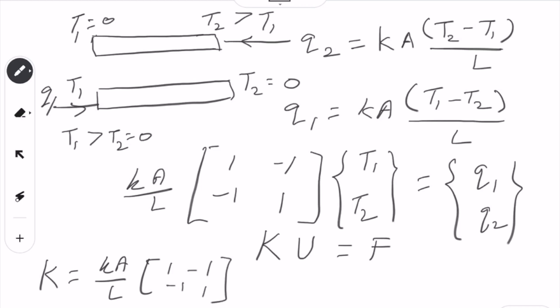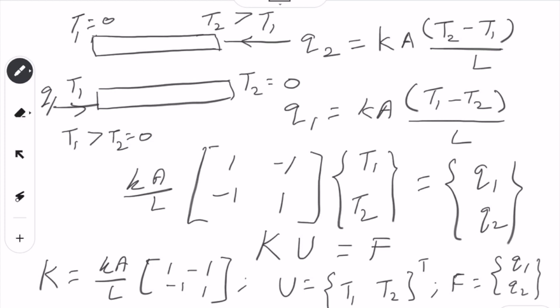Then U is nothing but T1, T2, transposed, the way we are writing it, and F is equal to Q1, Q2.